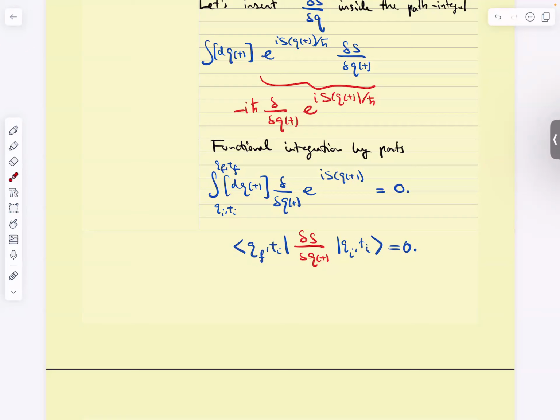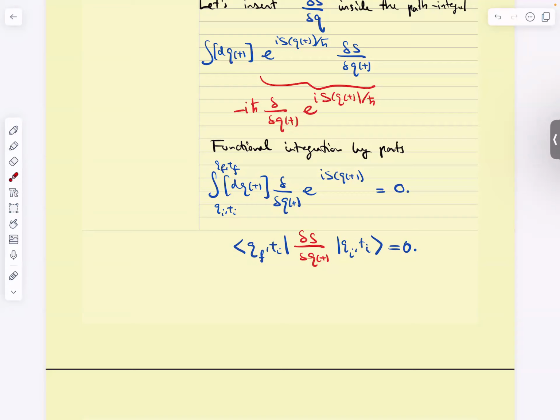This is zero. However, this is not zero. What is the second line?